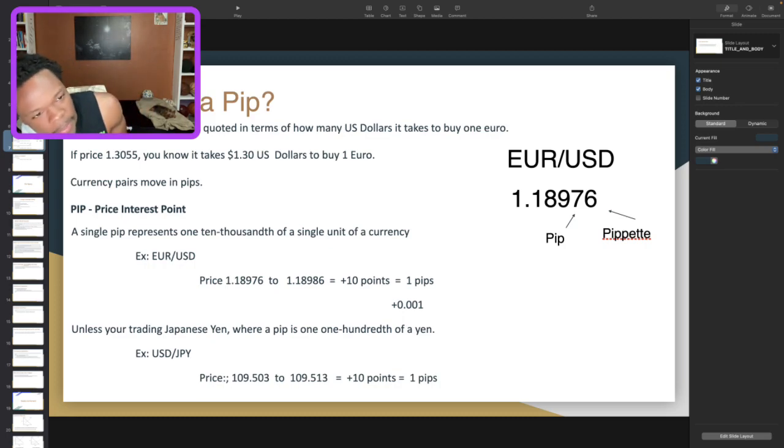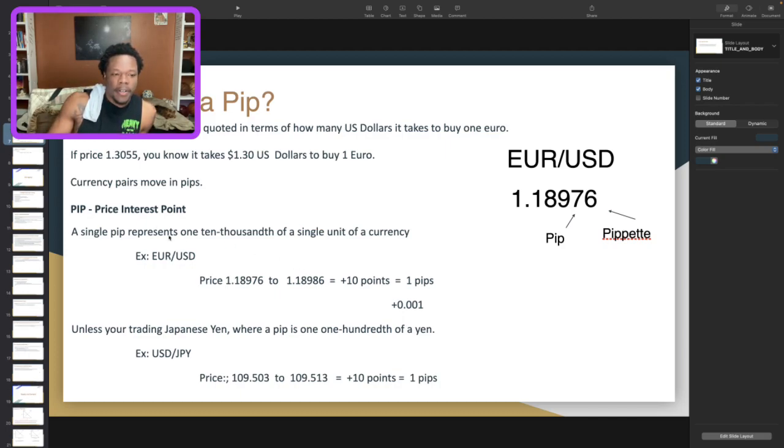Essentially, the way that it's calculated is by percentage in point. A single pip represents 1/10,000th of a single unit of currency. So let's say, for example, price action is at 1.18976. If price action goes to 1.18986, then that essentially means that price action has moved 1 pip.